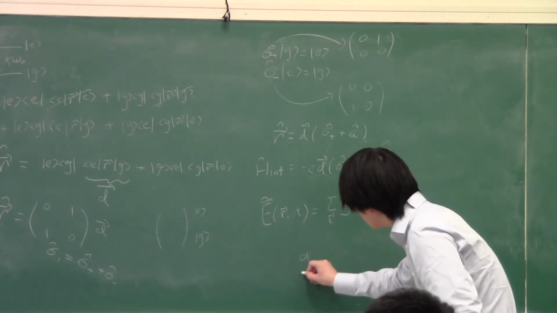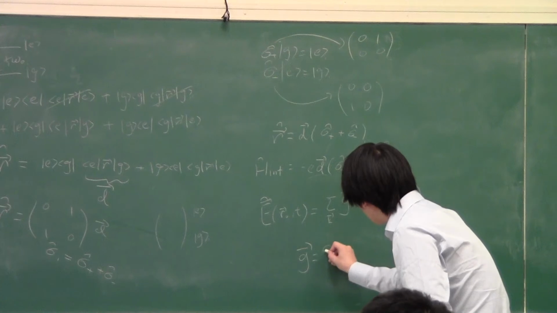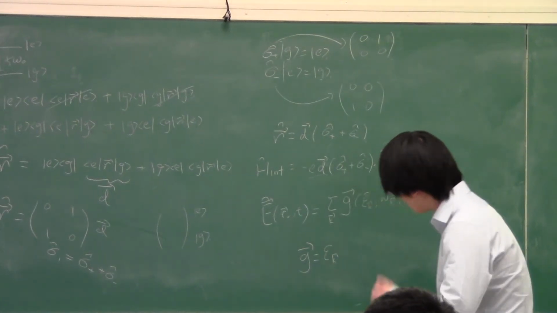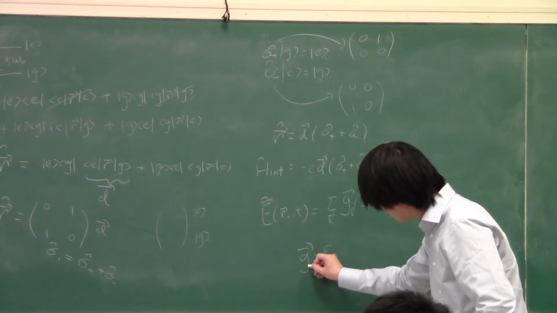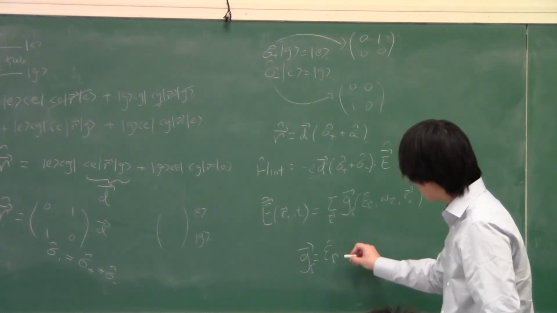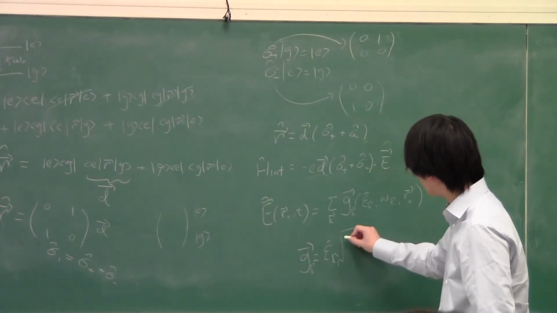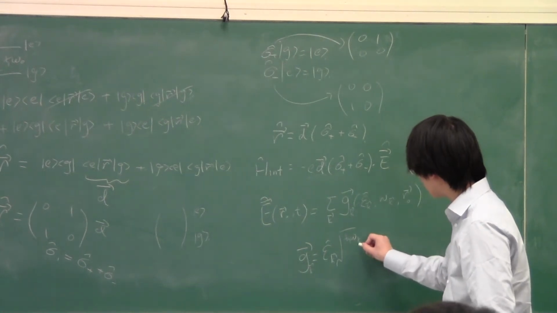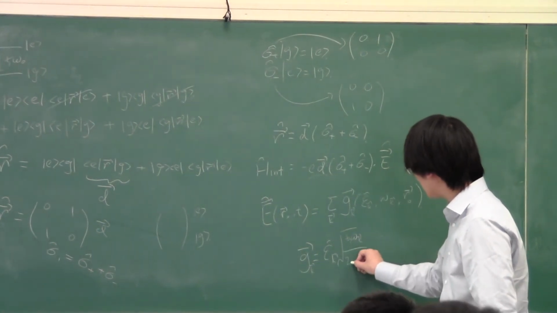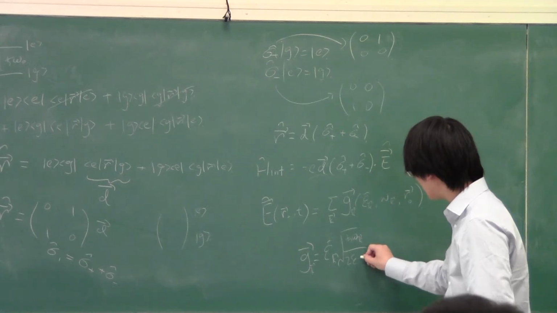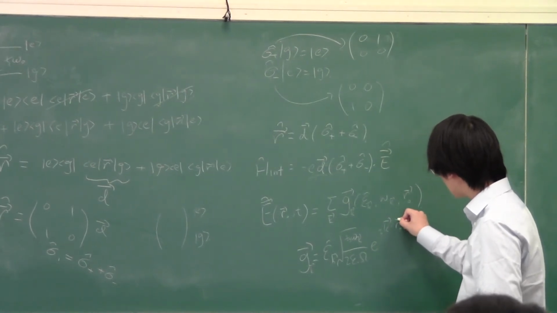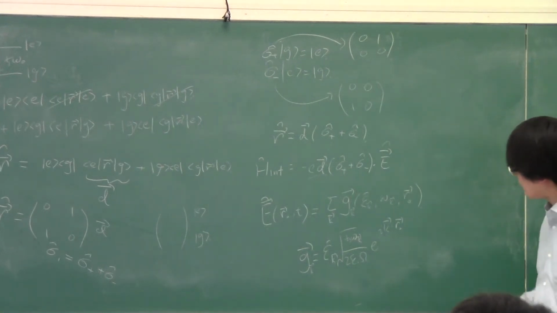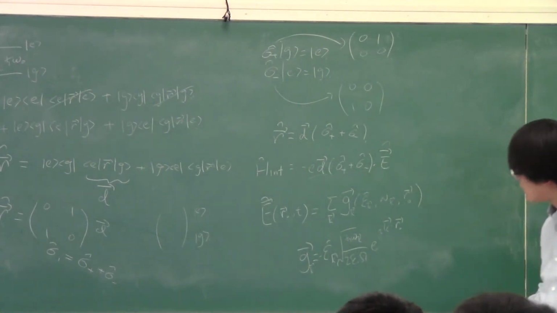So explicitly, G is equal to epsilon sub k, let me label this as k, times the square root of h bar omega k divided by 2 epsilon. I would like to define it with a minus sign.